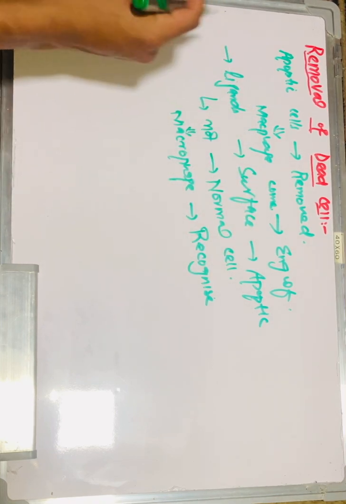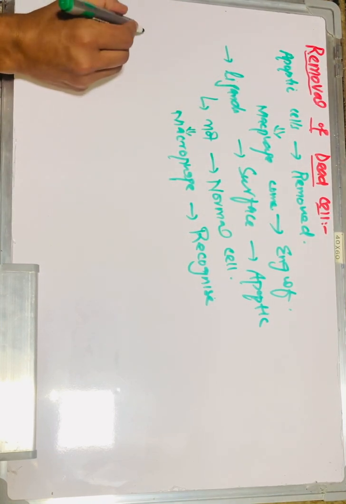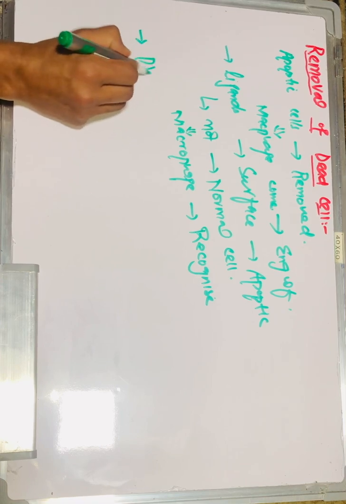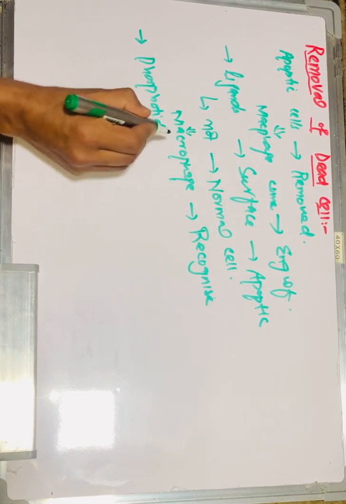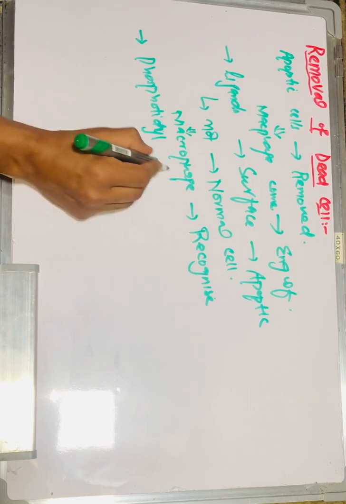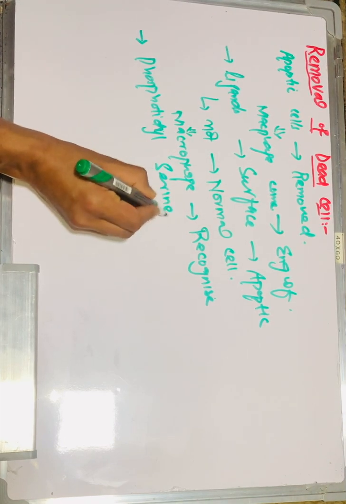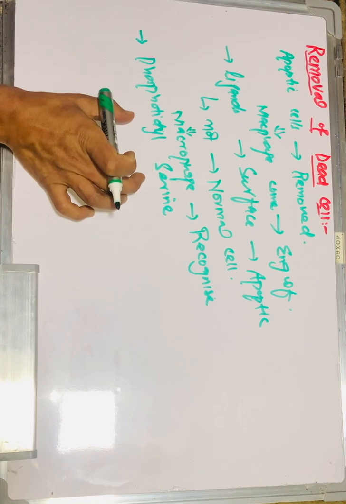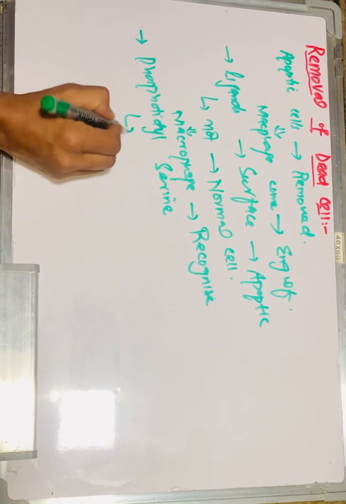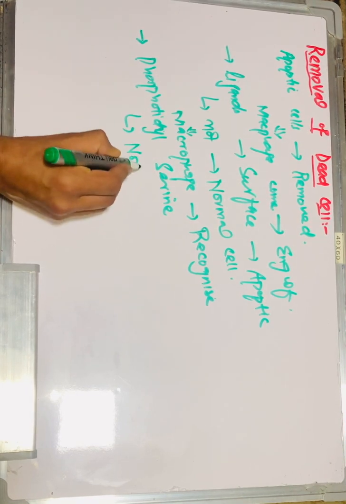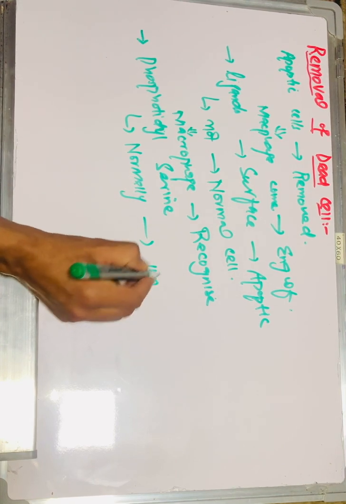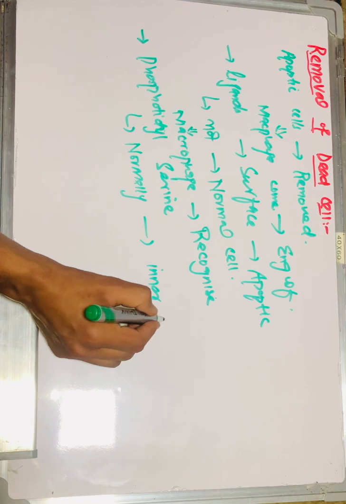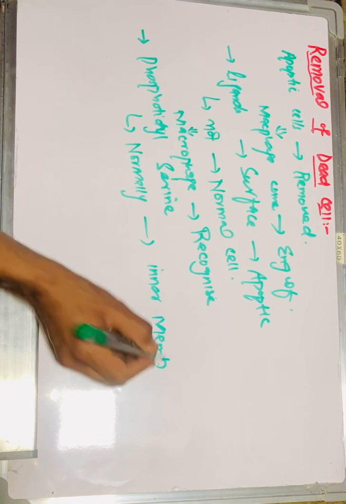We take one example of this ligand: phosphatidyl serine. This is a ligand which is normally present on the inner membrane of the cell.